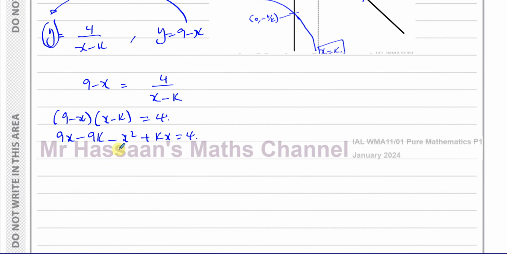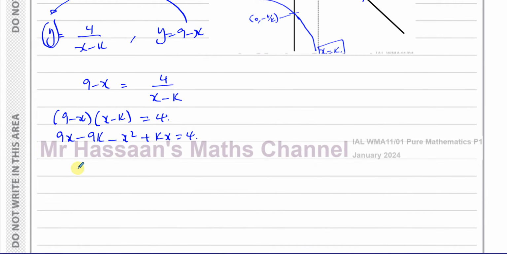Now let me write the quadratic so we have the x squared as positive. It makes life easier. Let me do that again.